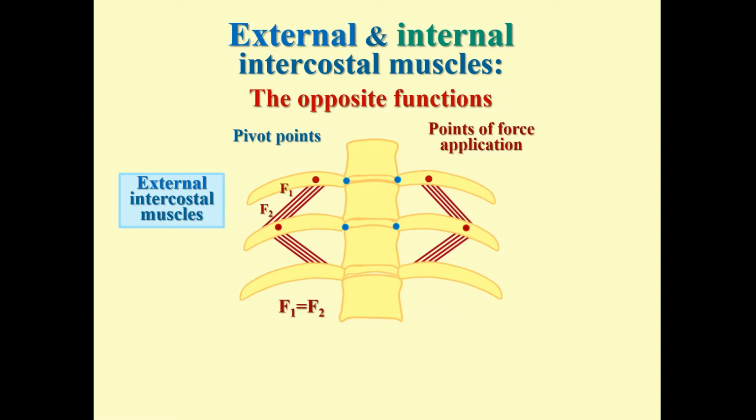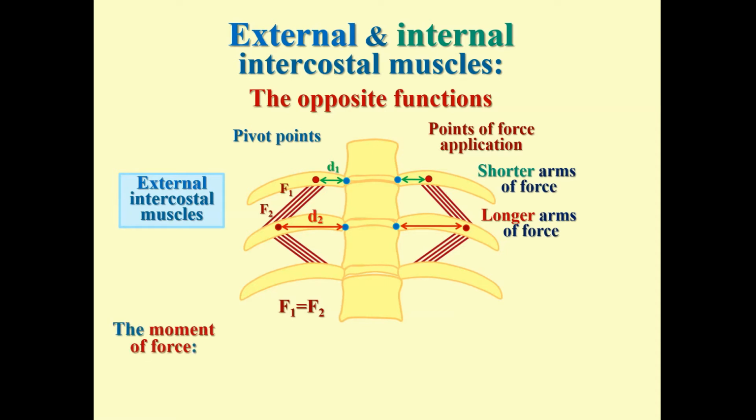Distance is different because of the difference of these arms of force. Here the arm of force is shorter and for the lower rib is longer. With a longer arm of force, the same force acts stronger as a result. This is the so-called moment of force, which becomes higher. Moment of force is a multiplication of the force itself by the arm of force distance.